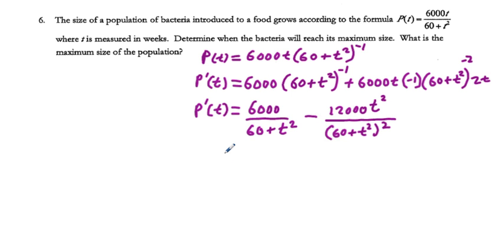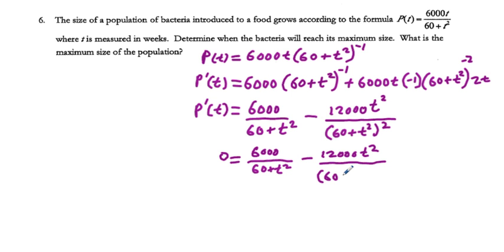Now, setting this equation equal to 0 for maximization, we have 0 equals 6,000 over 60 plus t squared, minus 12,000 t squared over quantity 60 plus t squared, squared.